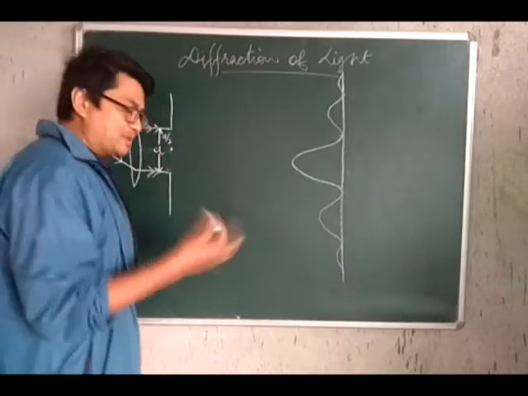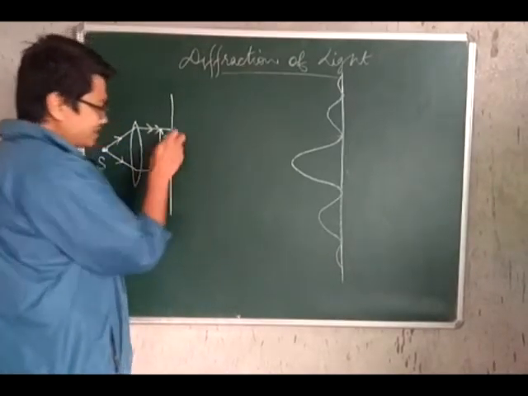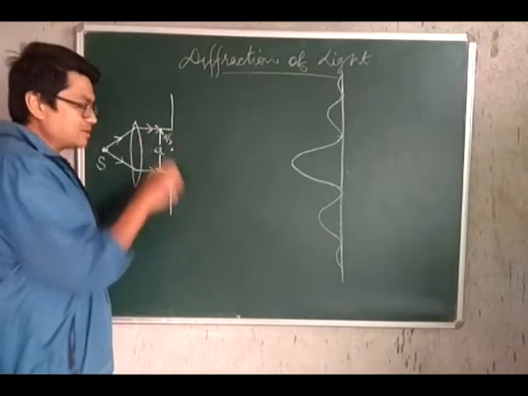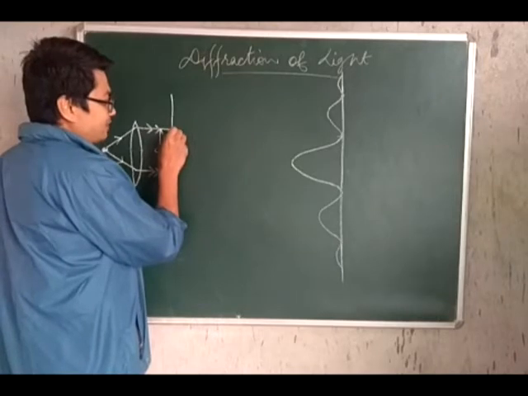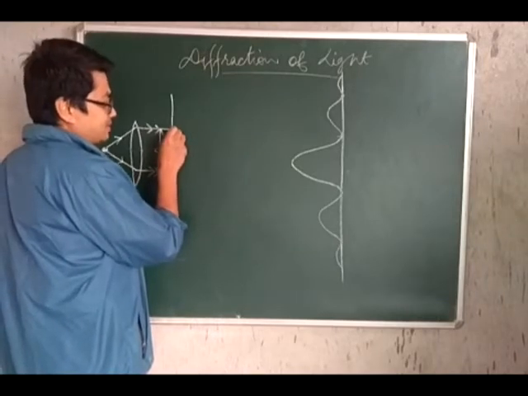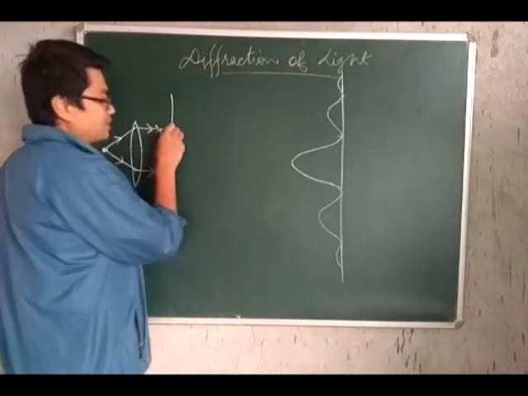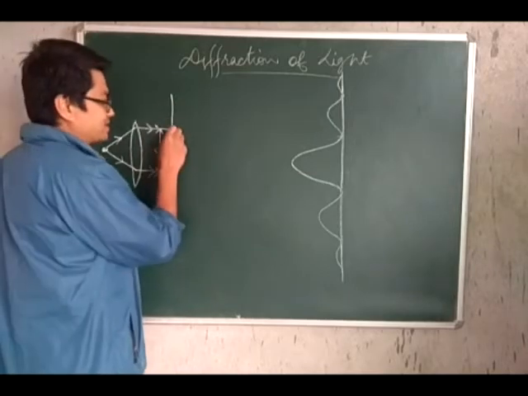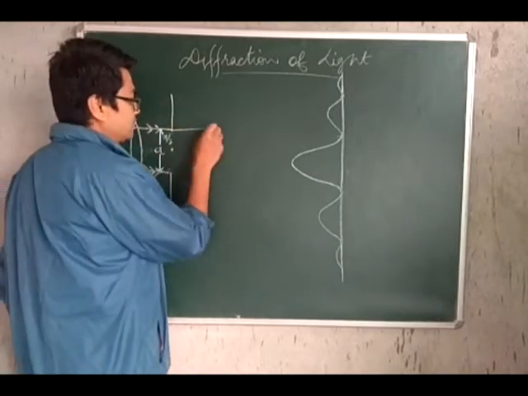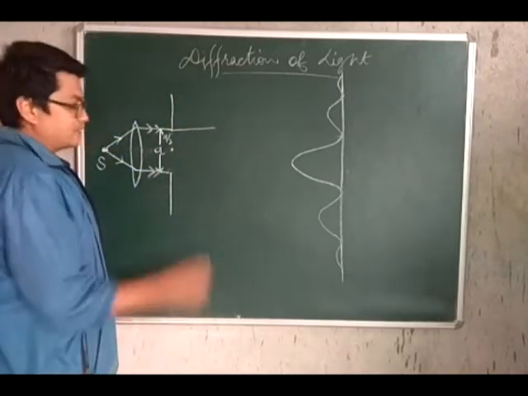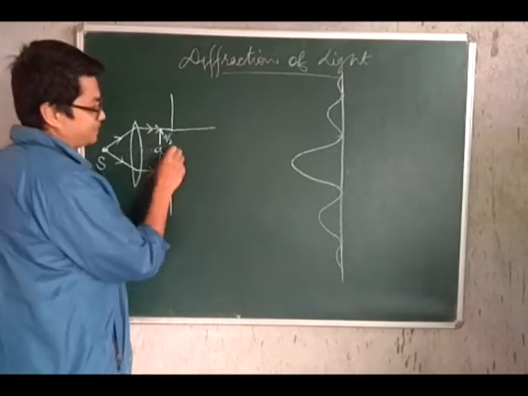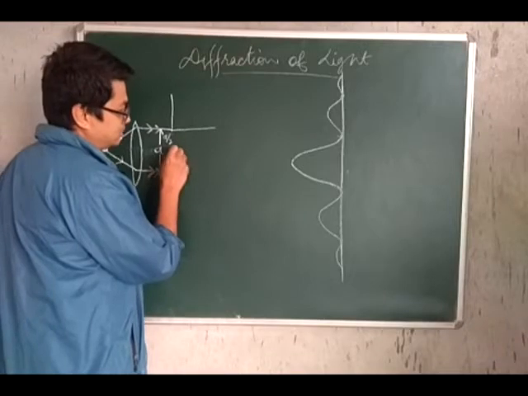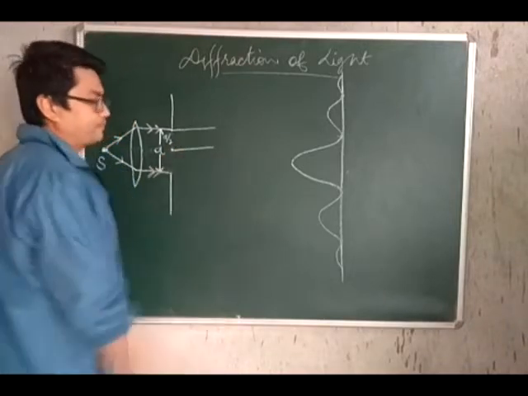Now we are considering these to be like two different sources. So a ray of light starting from the uppermost part of the upper half travels this distance, then a ray of light from the uppermost part of the lower half travels this way.